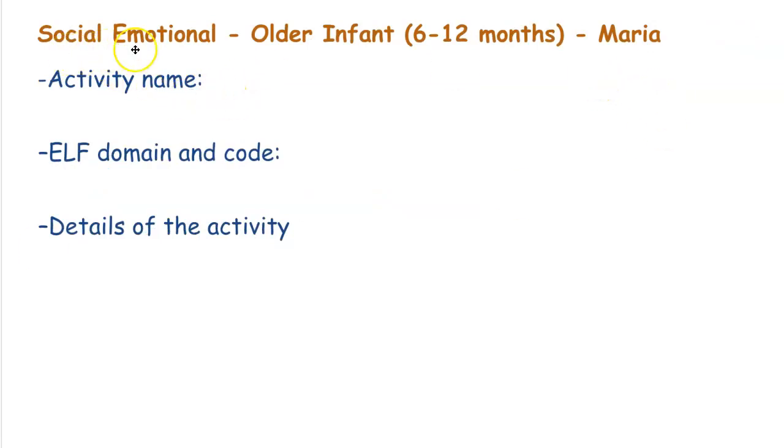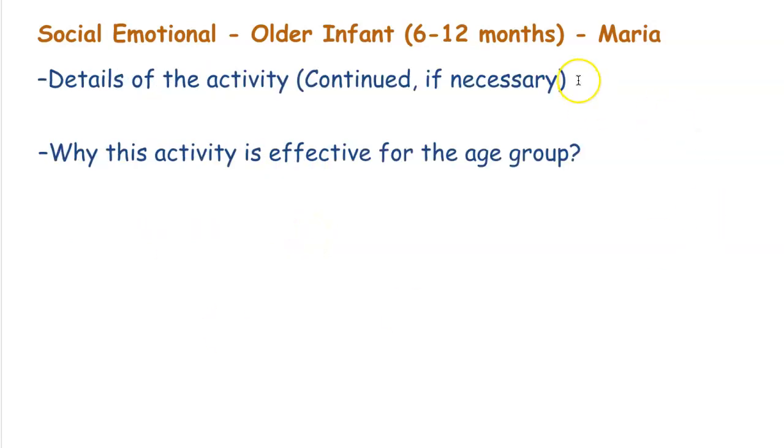She's going to work on social emotional for older infants, 6 to 12 months. She's going to put her activity name, the Delph domain with the code, and details for her activity. And just in case she needs some more space, she can come to slide 2. Slide 2 also asks the question, why is this activity effective for the age group?